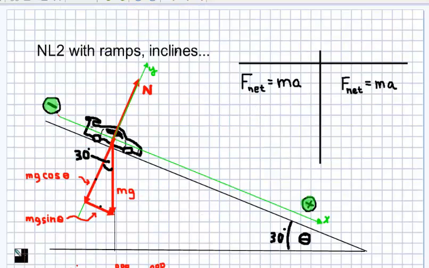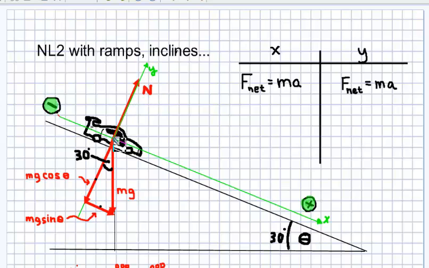And we're going to look at this in terms of both x and y. In the x direction, we can write F equals ma this way. And in the y direction, we can write F equals ma this way. Let's deal with the x direction first. Remembering that everything that's pointing down the ramp is positive, we're looking for any x forces.